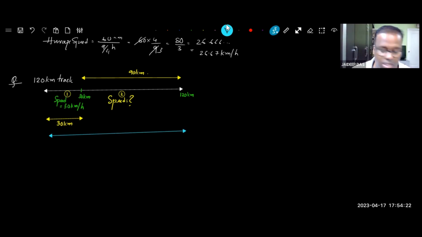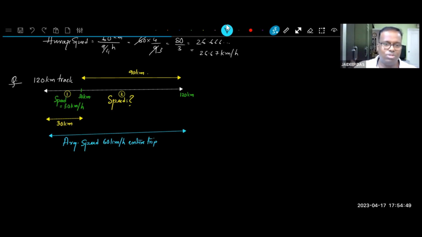It's asking to average 60 kilometers per hour for the entire trip. The average speed. How many of you understood? The problem is like this. In half yearly, you scored 30. How much should you score in the second term so that throughout the year your score should be 60? It's asking you something like that.